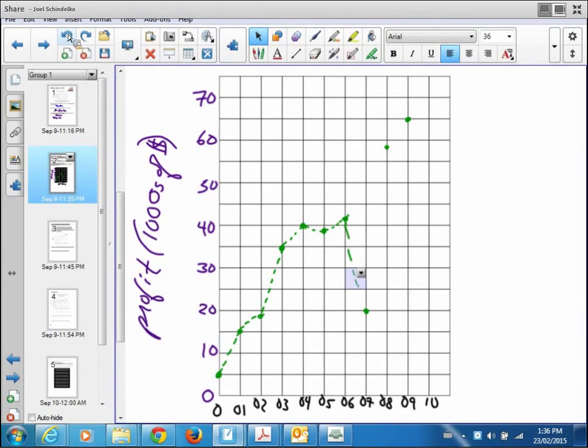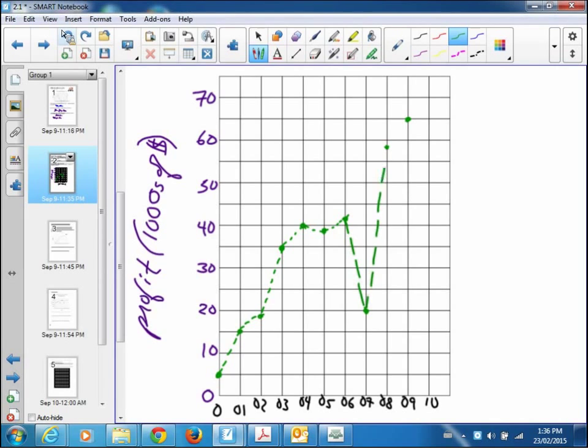I'll just have to do that again. Freehand sucks. There you go. It should look something like that. Is yours? Yeah. Then you're probably doing pretty good.